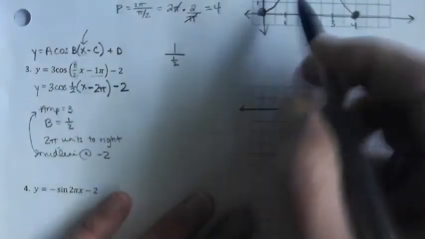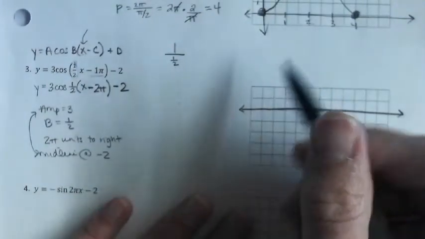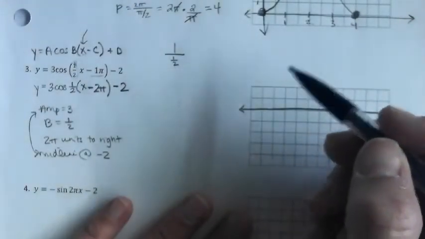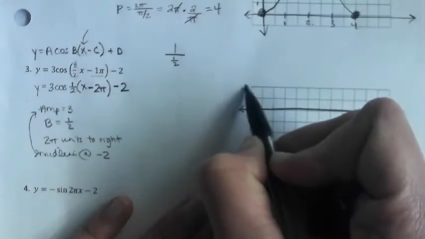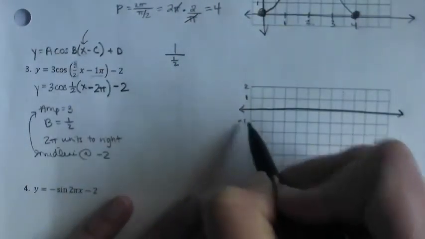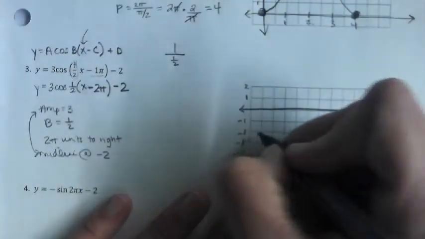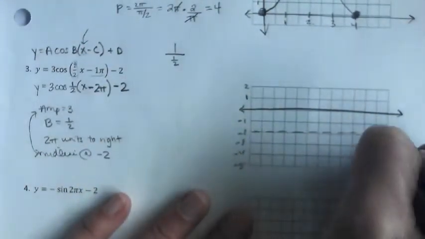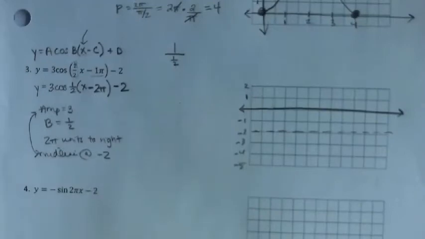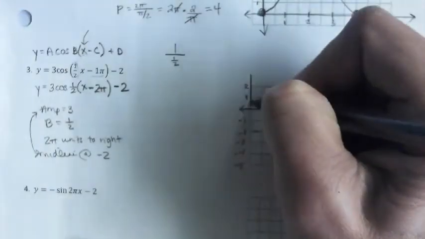We can go up to 1, 2, and then go down -1, -2, -3, -4, -5, and get your midline at -2. Now, this graph got shifted 2 pi units to the right, so I definitely don't need any negative space on the x-axis.